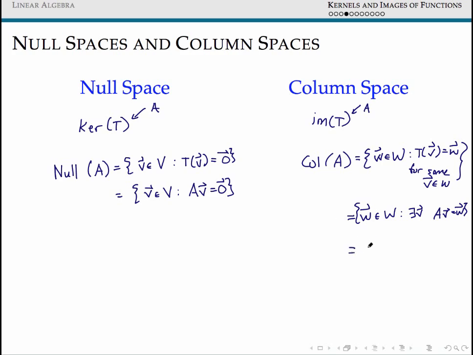And an alternate way of phrasing this is the span of the columns of A. So if we write A as a matrix with columns a1, a2, through am, this is the span of the set a1, a2 through am.